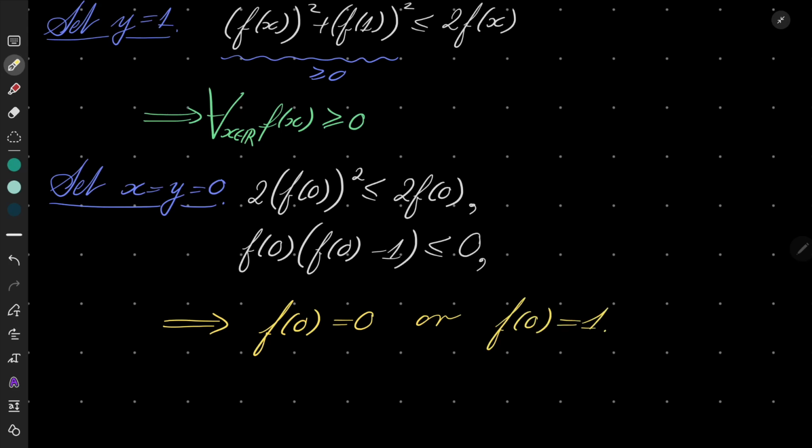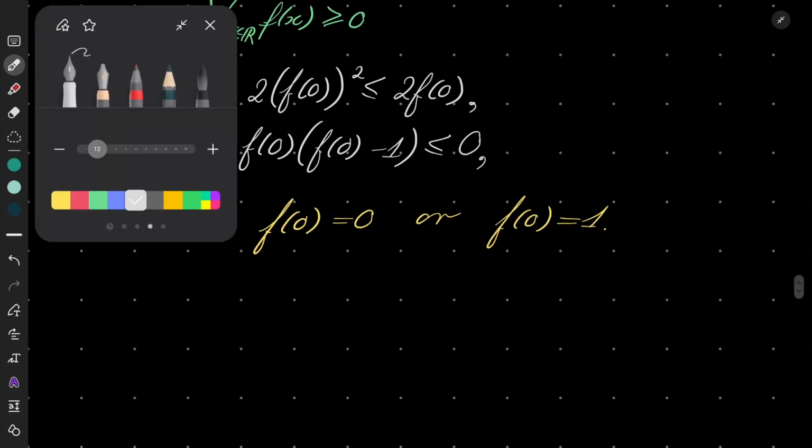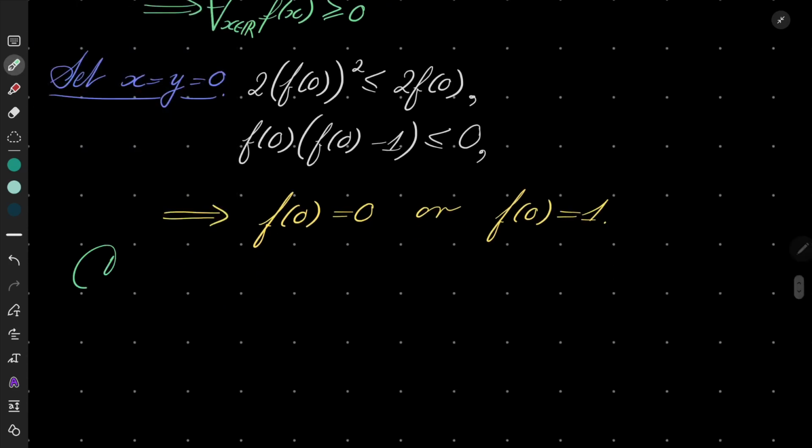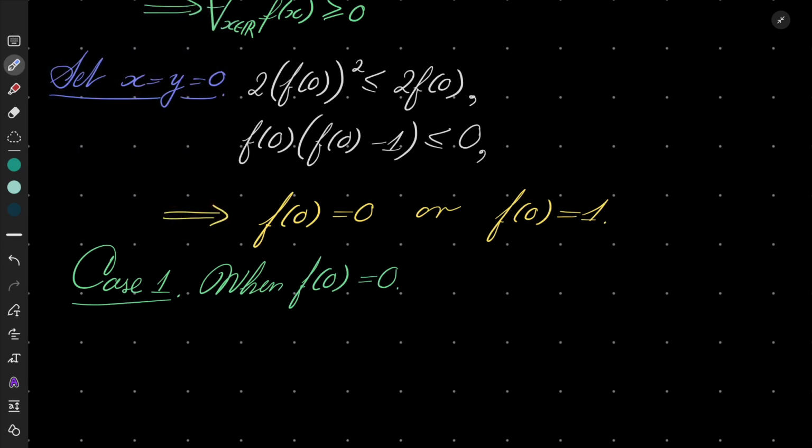Let's investigate these two possibilities separately. Case number 1. When f of 0 is in fact equal to 0, then we will set just y to be 0.